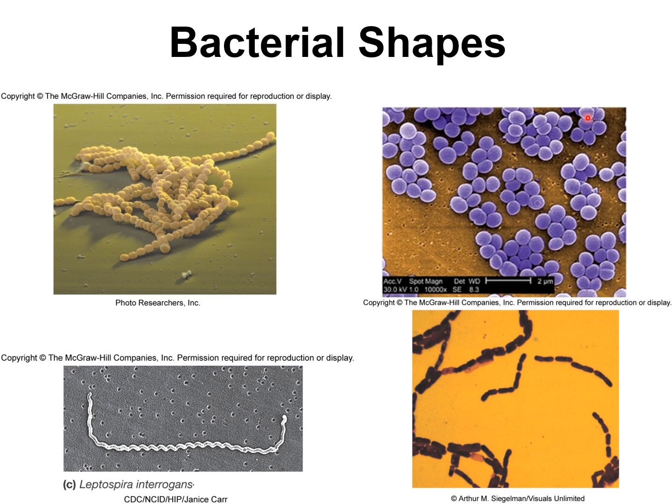Okay, and then over here on the right top here, these would be some grape-like clusters of cocci, so that would be staphylococci. And then right below here on the right, this one would be chains of bacilli, so that would be streptobacilli.